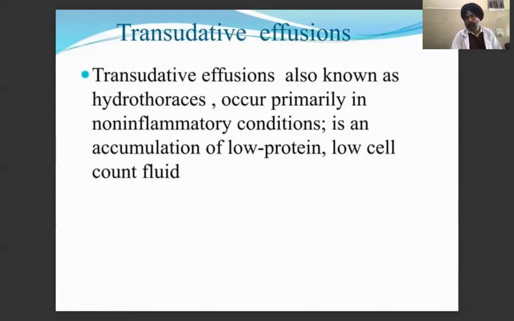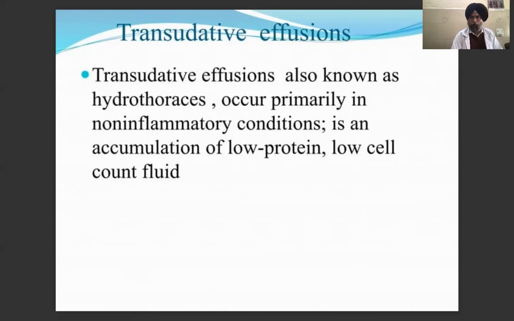That is the cause of the pleural effusion. Usually the pleural effusion will be bilateral, and as I already told you, it is a low protein and low cell count pleural effusion. There may be some asymmetry, but there is no pain.